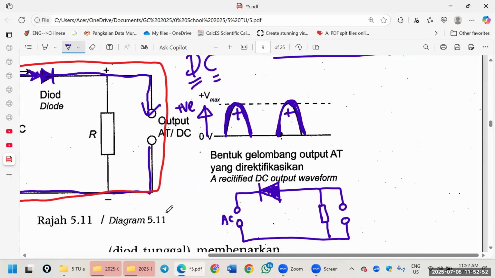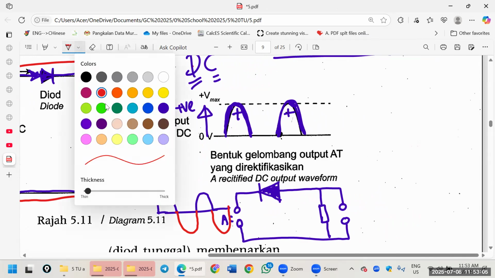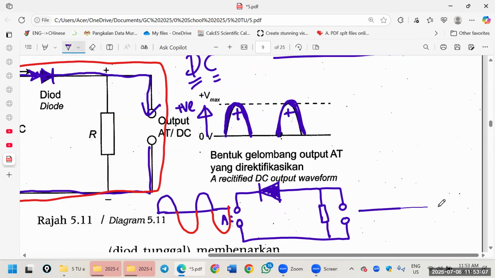Okay, so let's draw in the beginning. The input should be like this. Got positive, got negative. What do you think after passing through this diode?